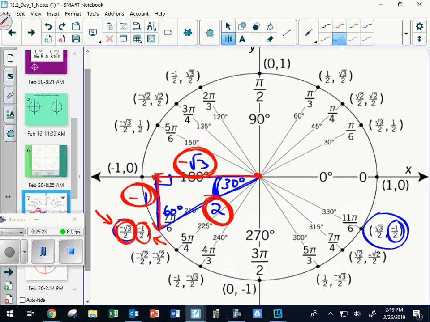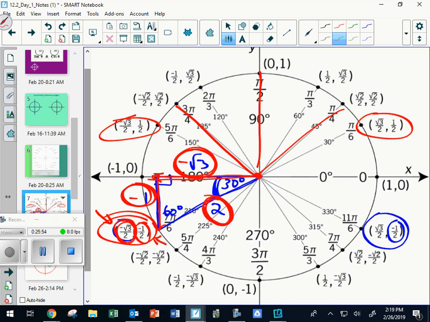Having the ability, if you had this thing memorized, some kids do this. They memorize the whole thing, and then they draw it on their test. You'd think, wouldn't that take forever? Nope, it really doesn't. You don't have to draw all the angles on it because you know them after a while. You know that this is 1 pi over 4, 2 pi over 4, 3 pi over 4, 4 pi over 4. And these are repeated 4 times.